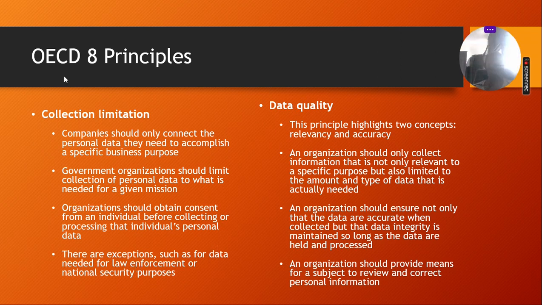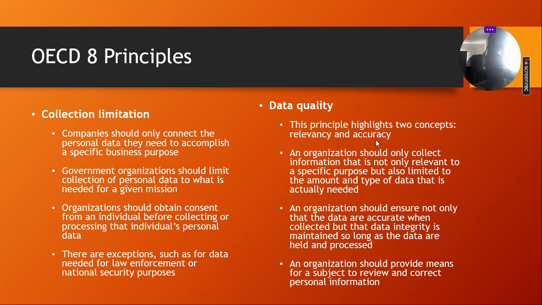Okay, now, number two of the eight principles is data quality. This principle highlights two concepts, which are relevancy and accuracy. The information you are collecting must be very relevant to the purpose for which you are collecting it, and must be very accurate. You cannot collect fake information from people. You must verify. Like with a bank, when you give them your house address, they verify.